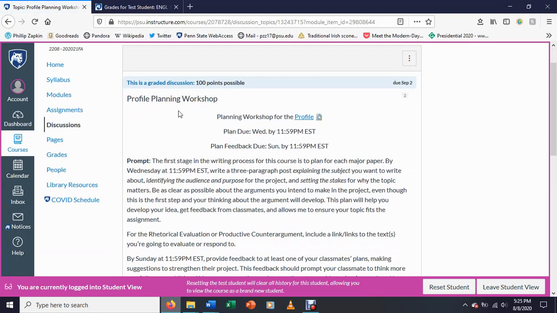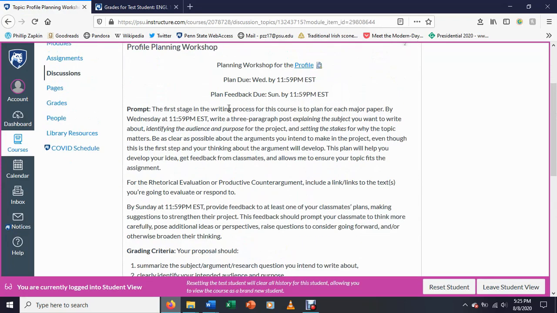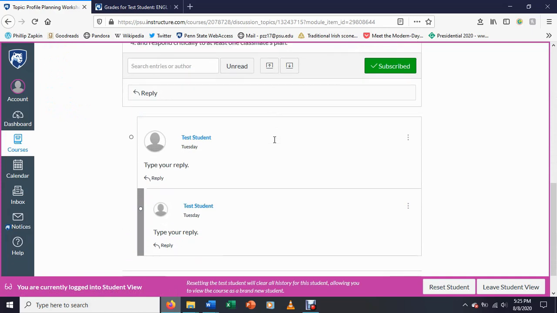And again, I've got the assignment sheet copied and pasted into each of these discussion forums, and a link to the project assignment sheet itself, so you can pull that up to look back at the grading criteria for that.